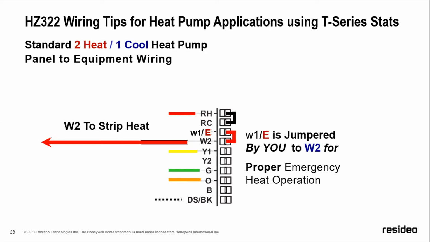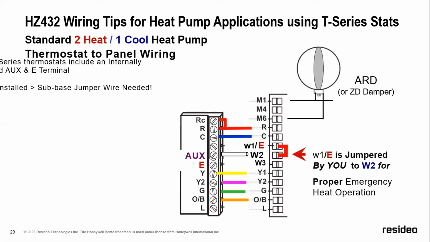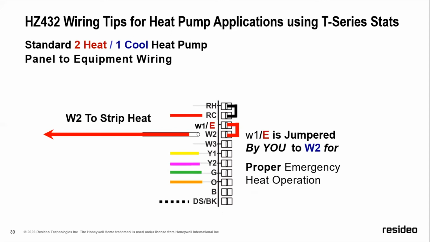Okay, if you'll go to the next slide. Okay, on our 432 zoning panels, once again, you see the W1E to W2 jumper that you've got to put in there if you're only using one wire from the sub-base of the thermostat. Next slide, please. And the jumper that you'll put on the output. Now, this is for single stage compressor heat pumps, okay?